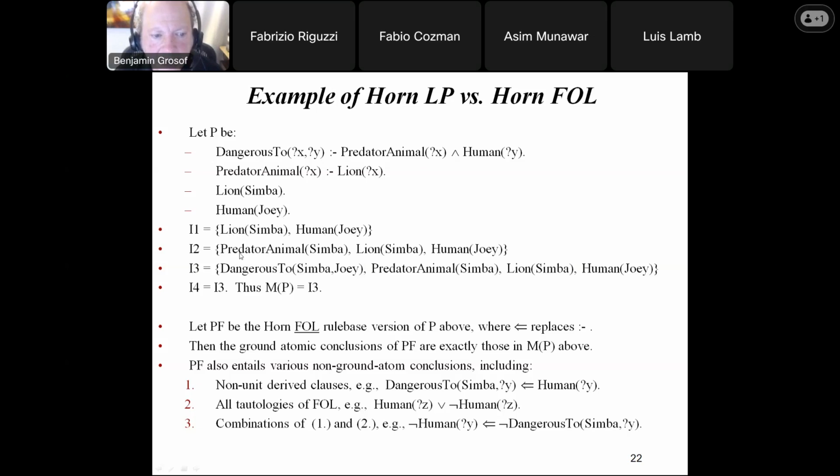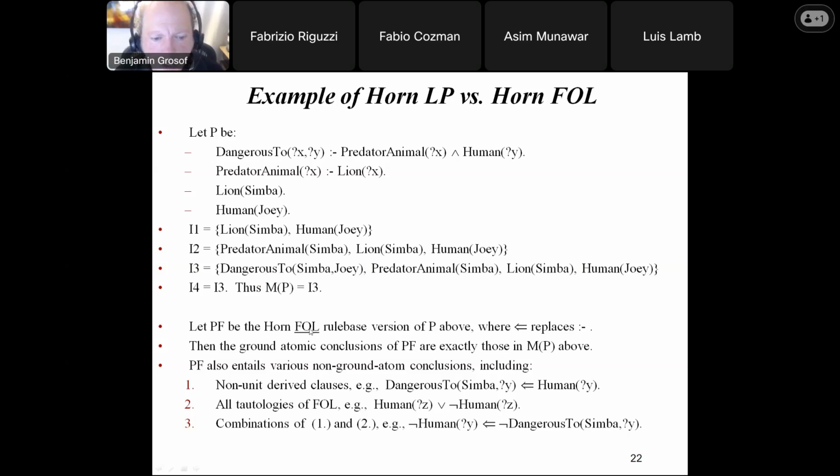But then in the next, from an application of a rule, we get that because Simba is a lion, Simba is a predator animal, and that is added to the set of intermediate facts that are accumulated in a bottom-up constructive fashion while doing forward inferencing. We can then conclude from the other rule that Simba is dangerous to Joey, and so on. Then in the next iteration, we reach quiescence, we reach the fixed point, and the model, so-called, is this set of ground atoms in LP.